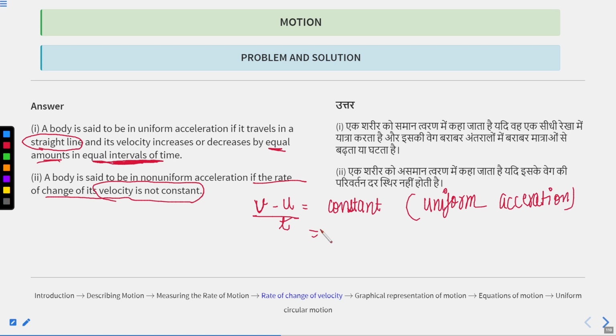Not constant, non-uniform acceleration. This is the other definition. Clear class? Okay. So question number 1 is clear.